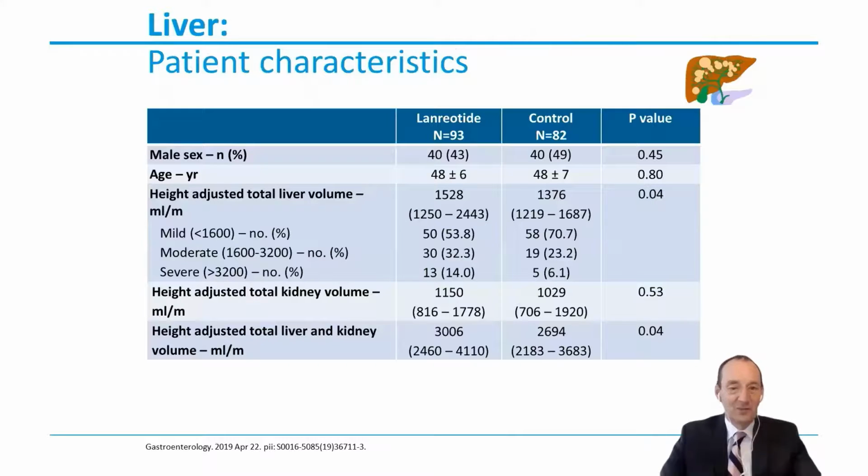Now let's move on to the liver part of the story. We selected, like I told you, 170 patients on lanreotide and control. We saw that the average age was 48 in these patients, and patients were distinguished in groups with mild, moderate, or severe hepatomegaly.